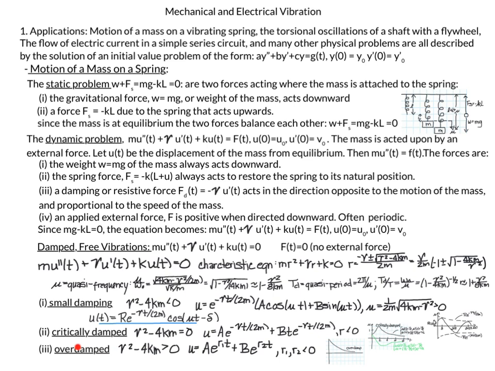In which case, you will have an overdamped situation where you have exponential decay of the position of the spring. Or the other possibility is that what's under the square root can equal 0. That's when you have the case of a critically damped exponential. And then if you recall, this is what the solution would look like.